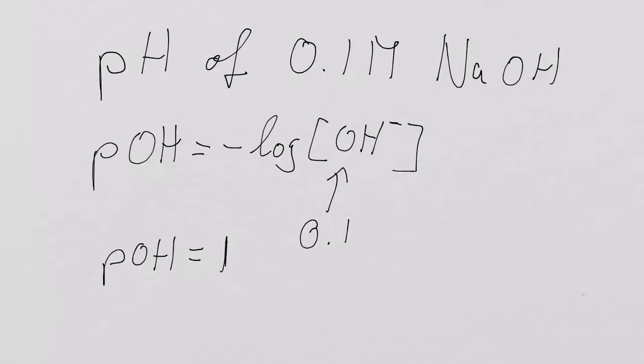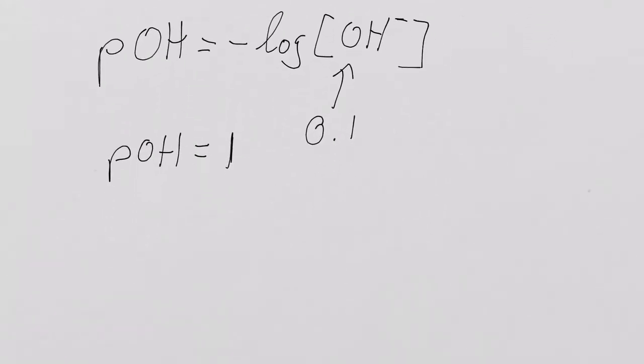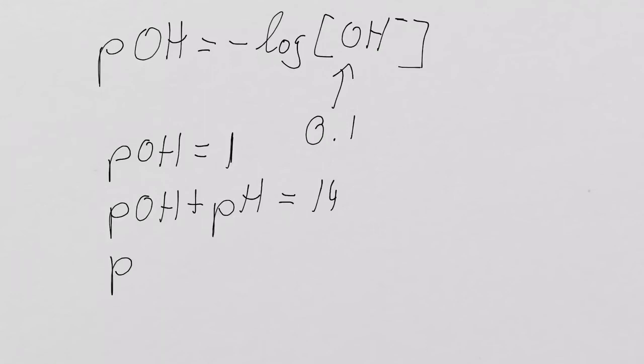We know that pH plus pOH equals 14, and therefore pH is 13. Higher or lower than 7? It's higher than 7. We said originally we have a base, so it must be higher than 7, so probably a good answer. Yeah? Happy with that?